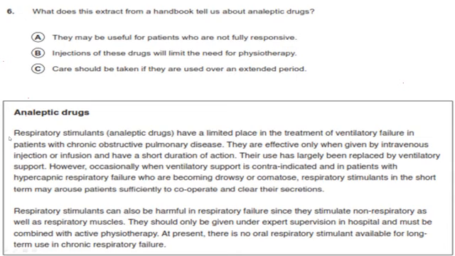Care itself, I cannot find care itself, but I feel the right answer is C for me. I changed it from A to C. Okay, but why did you change your mind about the correct answer? I want the reason. Yeah, the reason is that in A, I did not concentrate on the word not, not fully responsive.